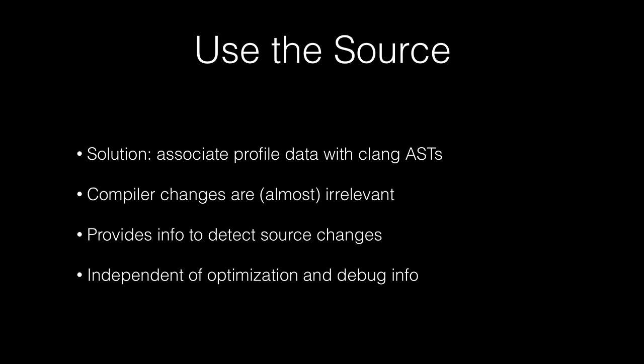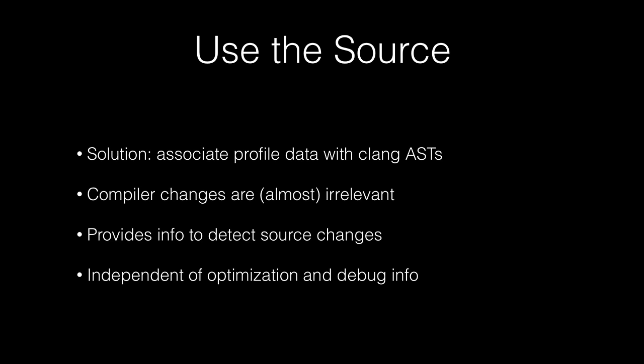So even though various details in the ASTs or in the structure of the front end may change, that basic correspondence of source to ASTs is going to be the same at the level that we need, at least in almost all the cases that we expect to have come up. So if we record execution counts for particular AST constructs, we'll be able to continue to use profiles as the compiler changes.